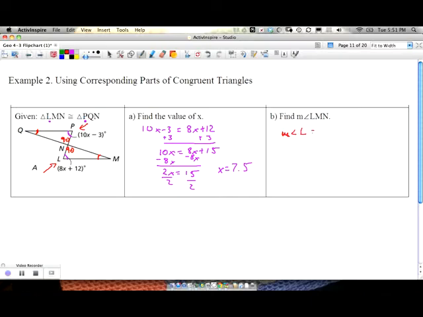So measure of angle L, which is the same as measure of angle P, is going to be equal to 10 times 7.5 minus 3, which is 75 minus 3, or 72 degrees. So that means those would give me the purple angle.